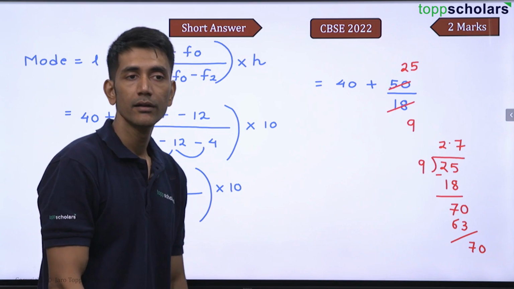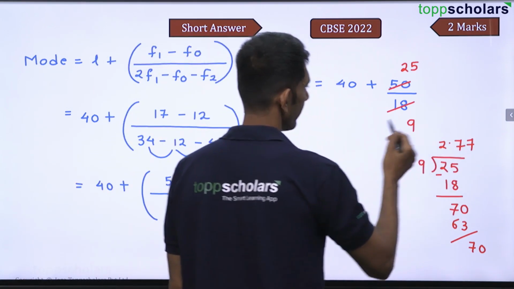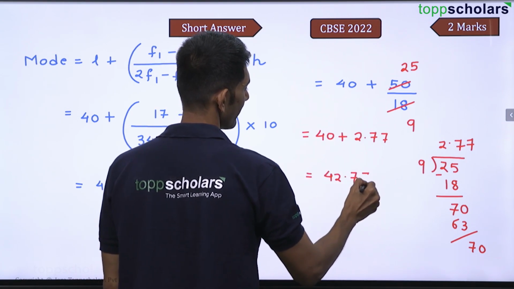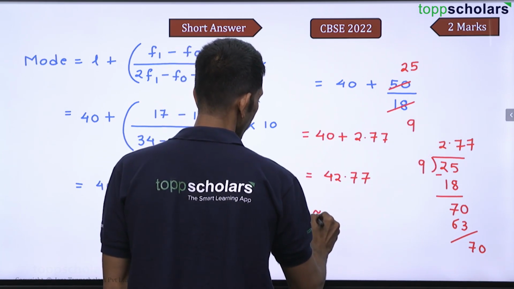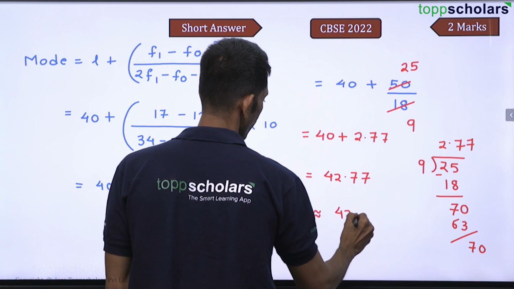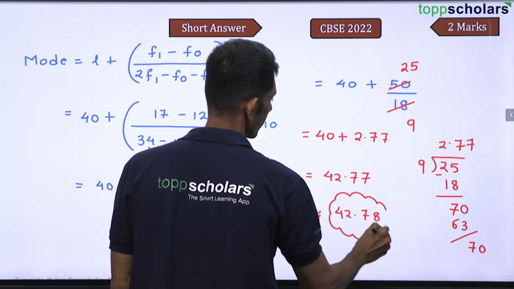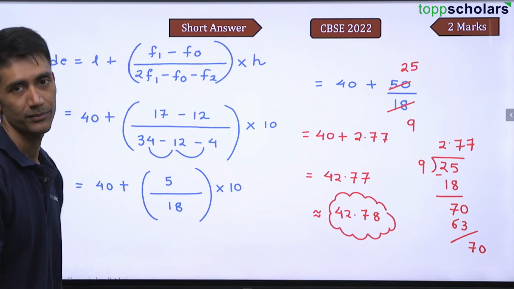So that is further equal to 42.77. Since it is 777 recurring, you can approximately take it as 42.78. And that is your mode.